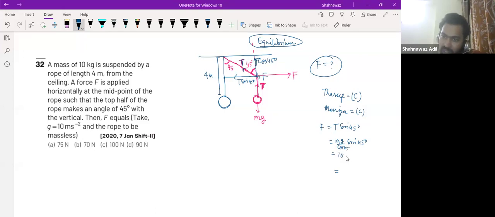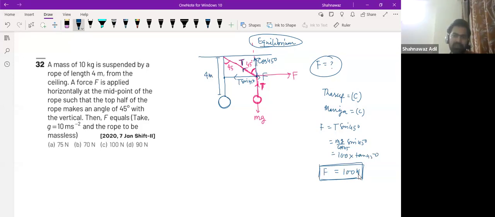So you have 100 into tan 45, which is 100. So this would be your answer, 100 Newton. So is it clear, Shahid and Fadil?